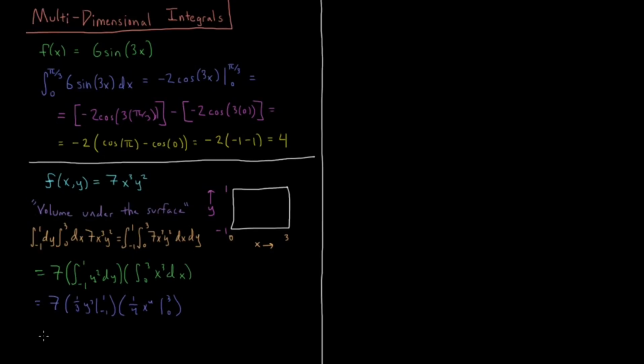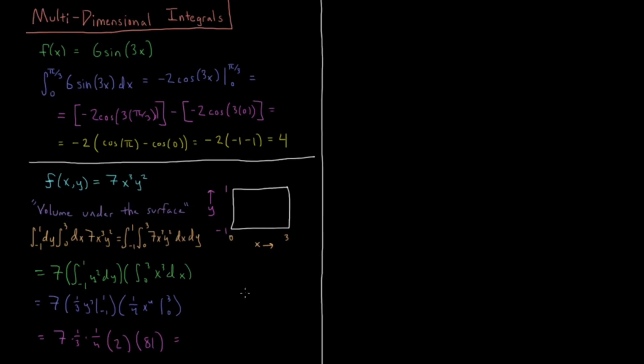So then I'd have that this equals 7 times 1/3 times 1/4. 1 cubed is 1, minus 1 cubed is minus 1, 1 minus minus 1 is going to be 2. 3 to the 4th is 9 squared, which is 81. 0 to the 4th is 0, so that's 81.